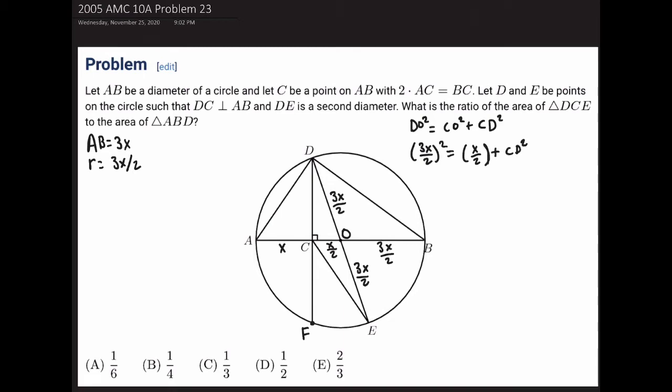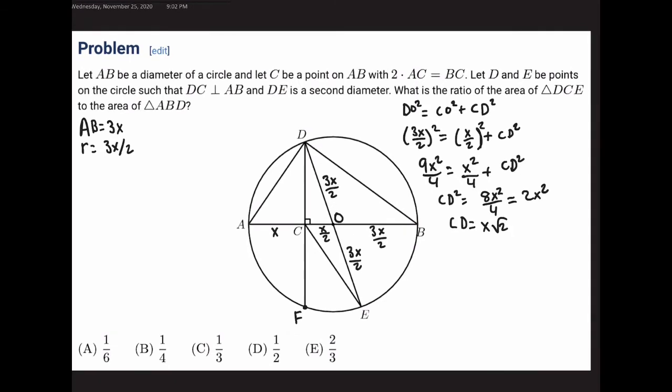So 9x squared over 4 is equal to x squared over 4 plus CD squared. CD squared is then equal to 8x squared over 4, which is just 2x squared. So CD is equal to x root 2, taking the square root of 2x squared.